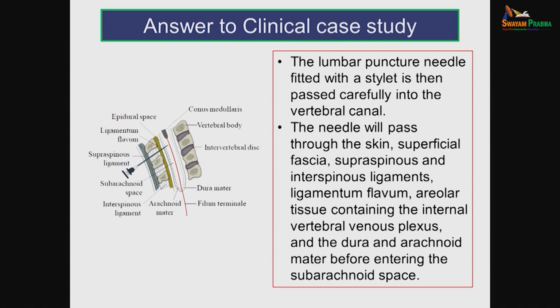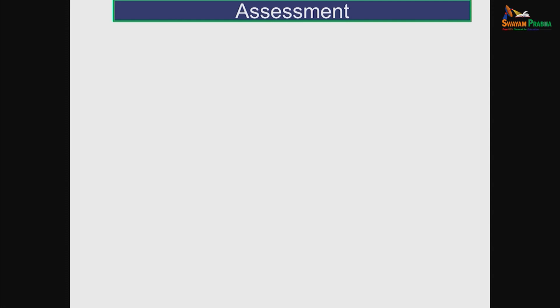Having learnt about the spinal cord, external and internal features in detail, now we will do some assessment questions. First question: where does the spinal cord end in adults? The spinal cord in adults ends at the lower border of which vertebra? The answer is the lower border of L1.